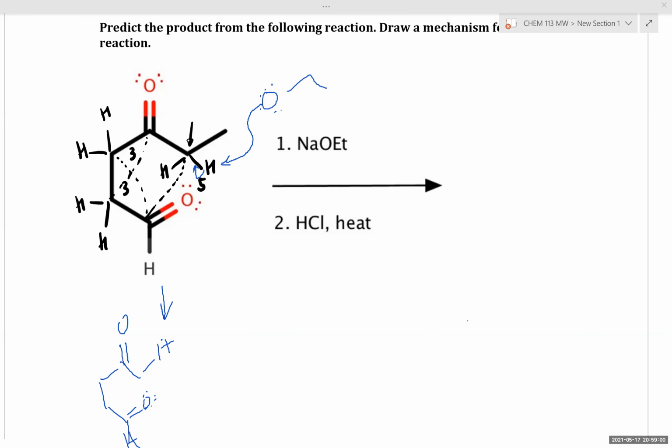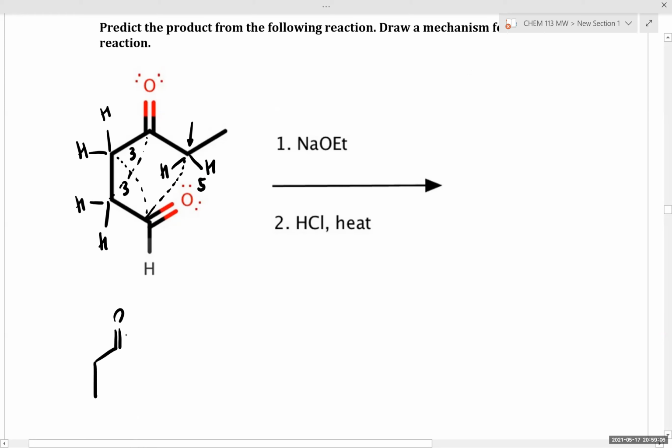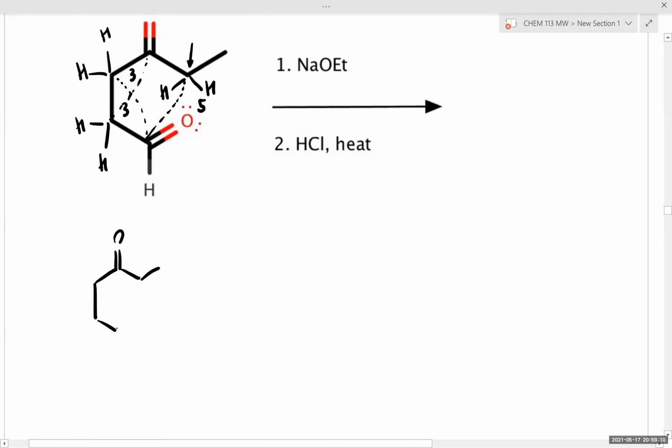No worries. So let's just draw where we're at so far. So we have our substrate. We concluded that only one of our alpha positions would lead to a productive reaction. So we're going to deprotonate our alpha position and generate our enolate.